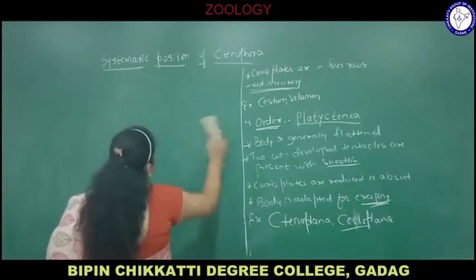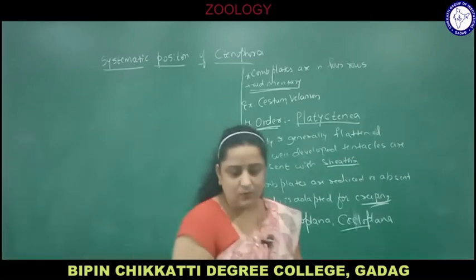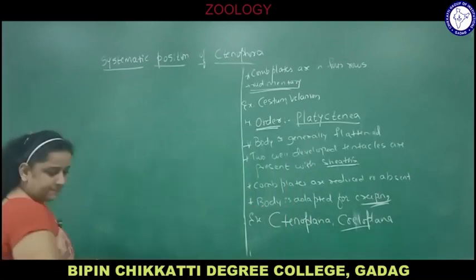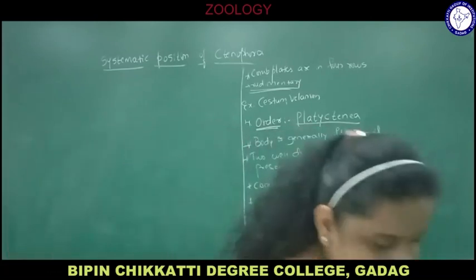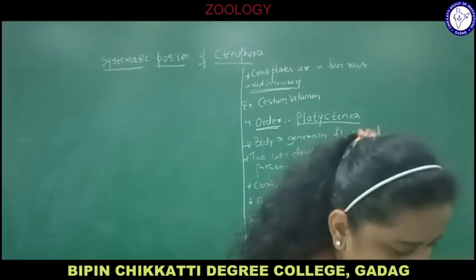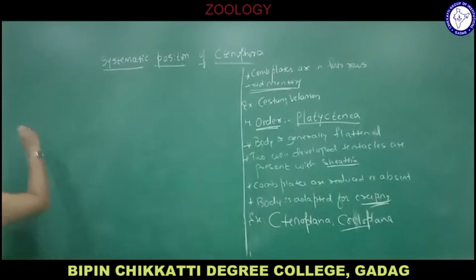Now we will draw the diagram of the example called Ctenoplana. So order number 4, that is Platyctenia, Ctenoplana.